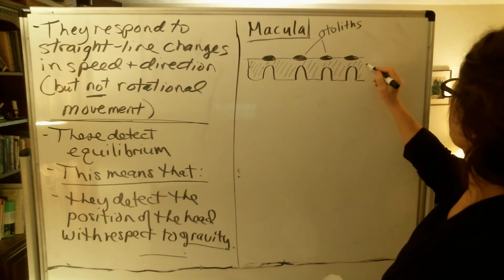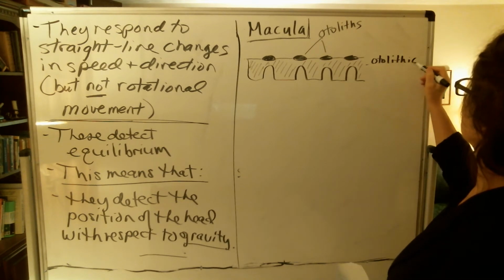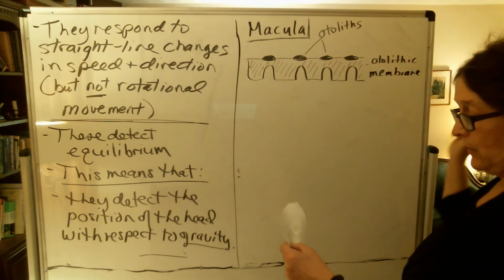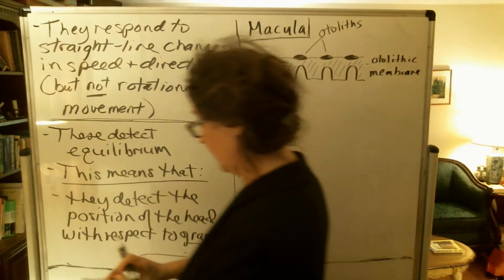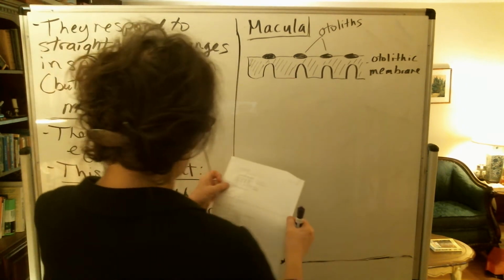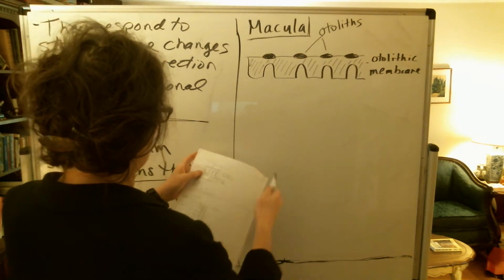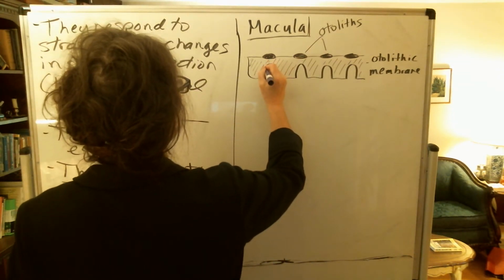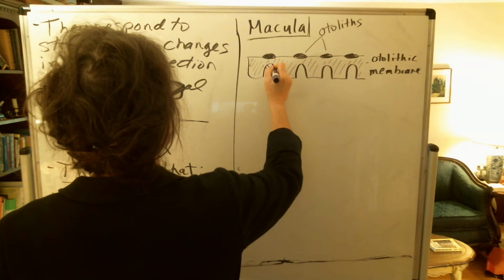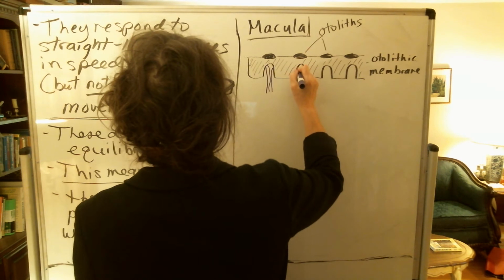This then is the otolithic membrane. And let's use some other colors so you can see things a little bit better. So then we have a bunch of little hairs, like so. I think I'm going to shorten those up.